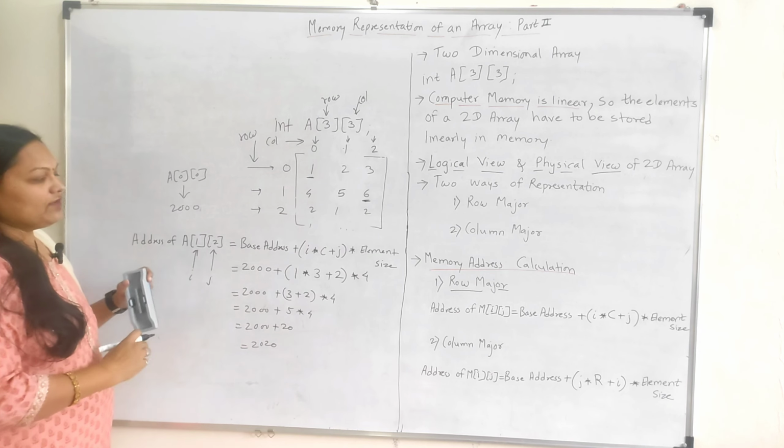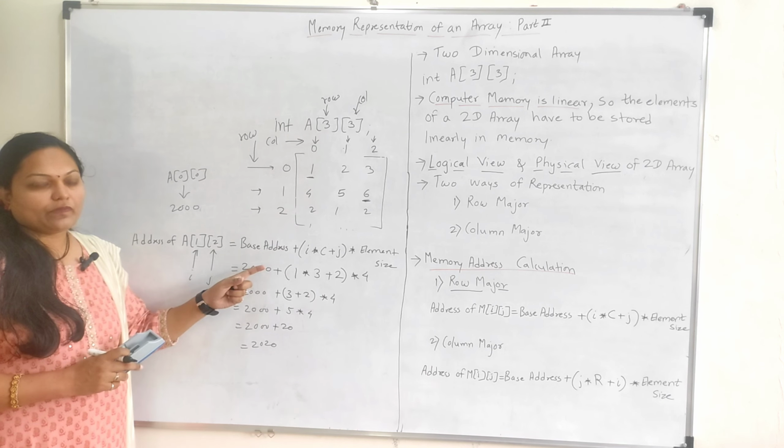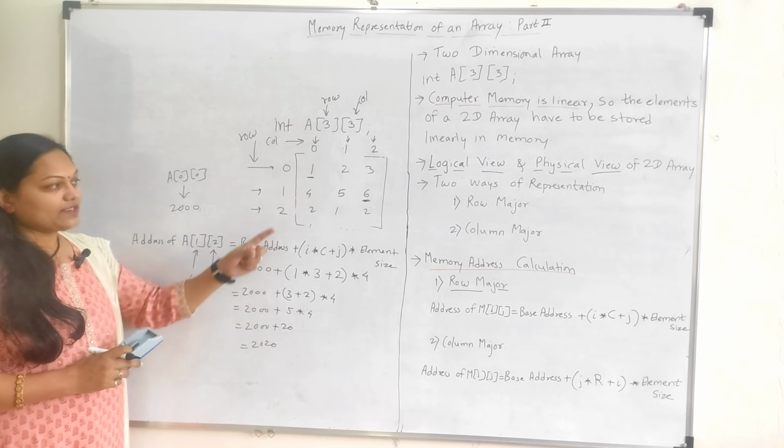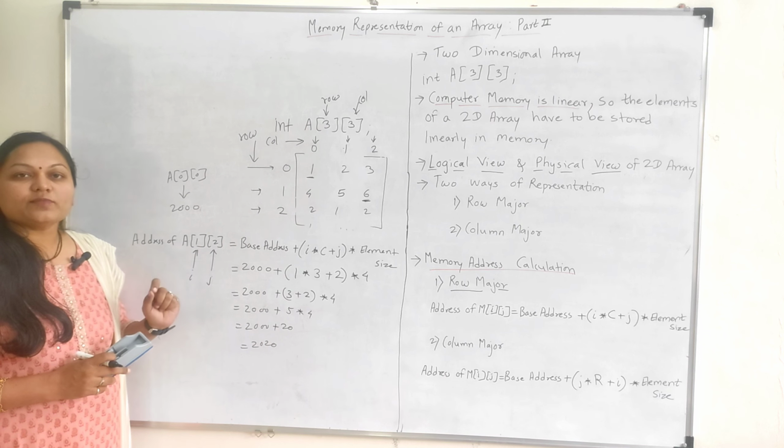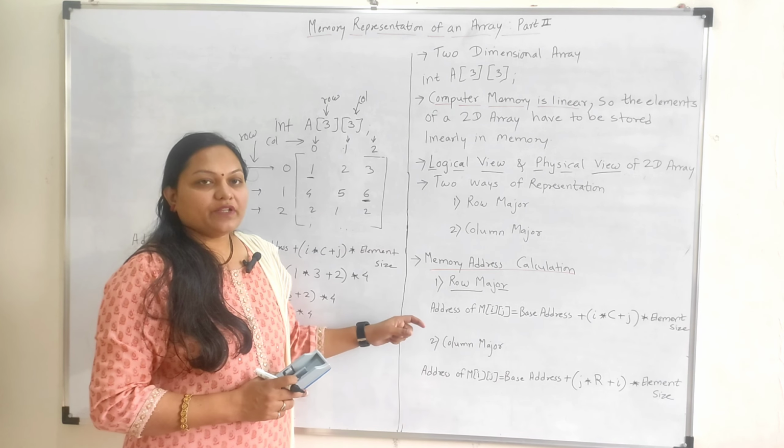So in this way we will calculate the address of a specific element, but we should know whether we are storing that element by using row major or column major. If it is row major, we can use this formula and calculate the address of that element at the specific index. But if it is column major, there is some difference.